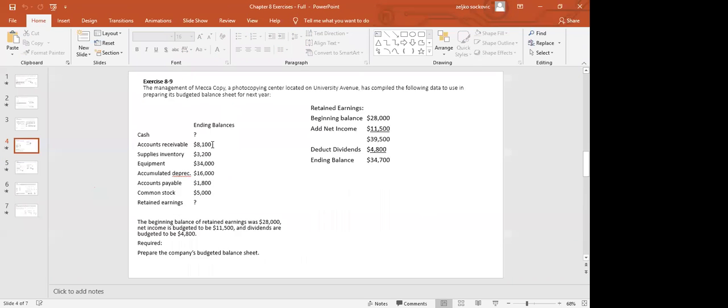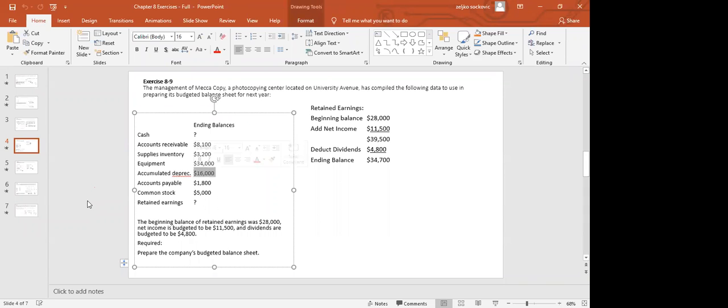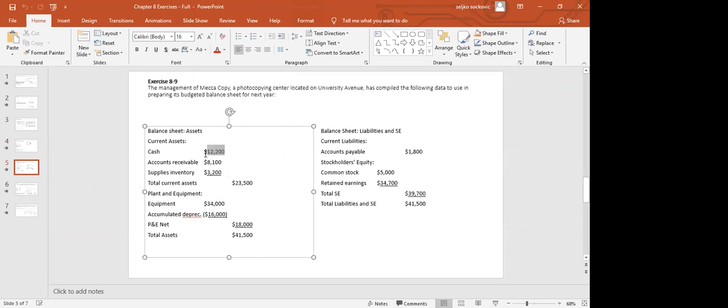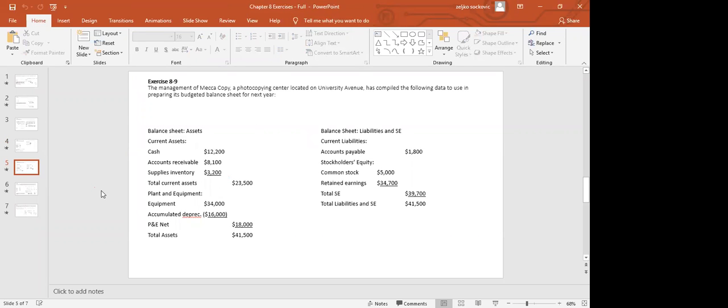How do I get to this total? Then you have to know that, okay, this accounts receivable, inventory, equipment, you need to deduct this accumulated depreciation, and whatever you get, I think we said 29 something, 300, the difference will be cash, right? Questions?